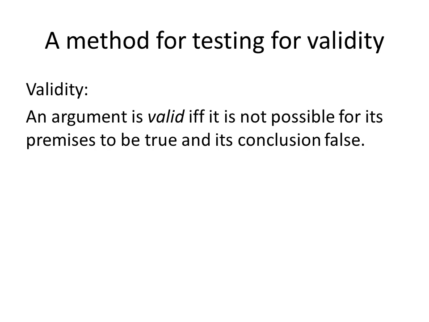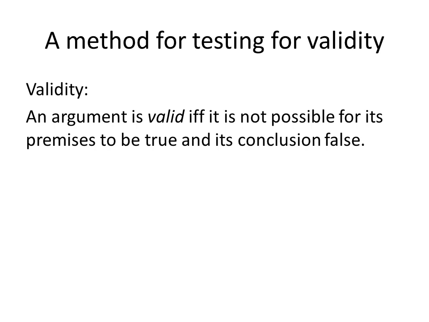So one thing to keep in mind is that when we're trying to figure out whether or not an argument's valid or invalid, whether its premises are actually true and its conclusion actually true or actually false, that doesn't matter. We're asking what's possible. So intuitively what we want to do is imagine a situation where the premises are true and then ask what would have to be the case.